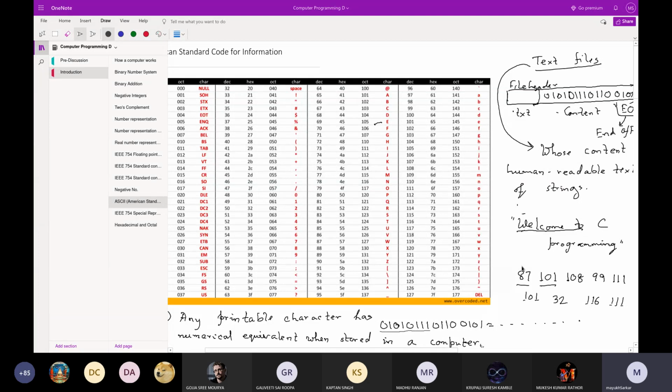The fact is, up to the previous day hexadecimal was not being discussed, so I did not show you. W was 87. But look into the hexadecimal code. This is 57. This is what I converted here. 5 means 0101 and 7 is 0111. That's why W turned out to be this.